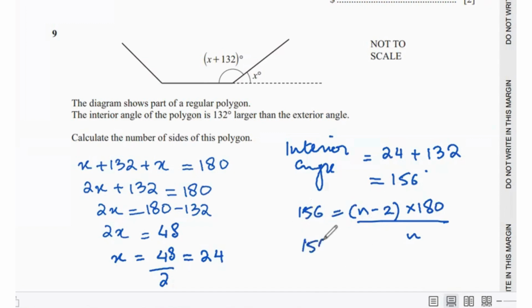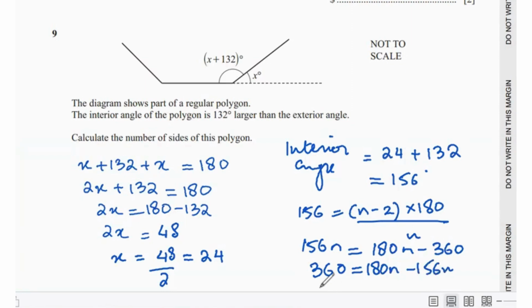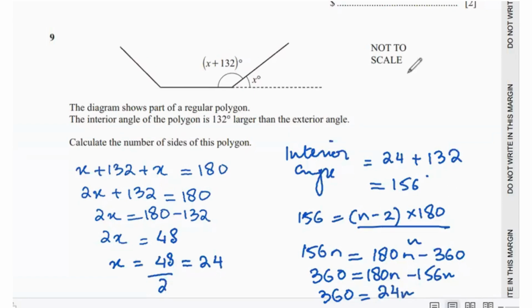We cross multiply to get rid of the fraction and expand the bracket. So that's going to be 180n minus 360. Then we swap 156n with 360. So 360 equals to 180n minus 156n, which basically equals 24n. So n would equal to 360 divided by 24, which equals to 15. So that is the number of sides for this regular polygon.